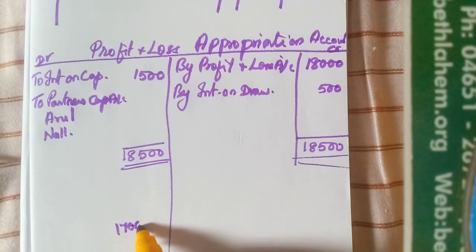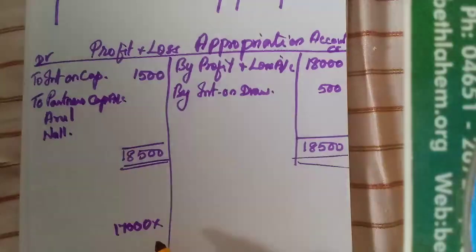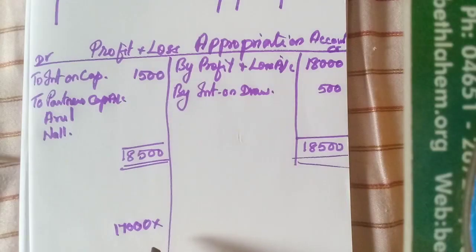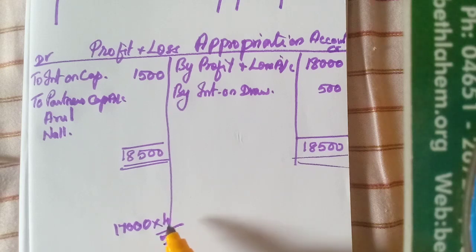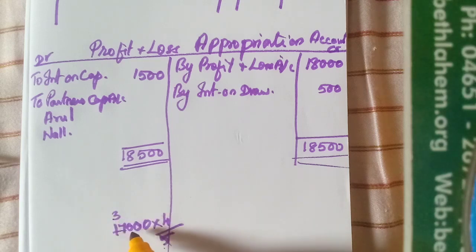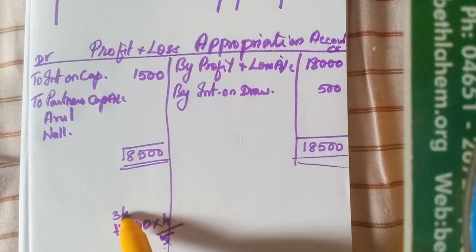We need to distribute it in the profit sharing ratio. What is the profit sharing ratio? It is given in the first line, isn't it? 4:1. So 4:1 means 4 by 5, isn't it? 4, then 4 plus 1, 5. Now you divide this one. 5, 3 5s are 15, remaining 2, 20. 4 5s are 20.